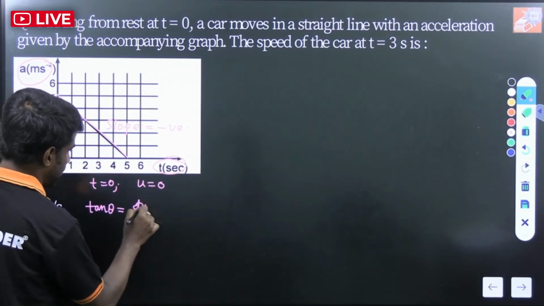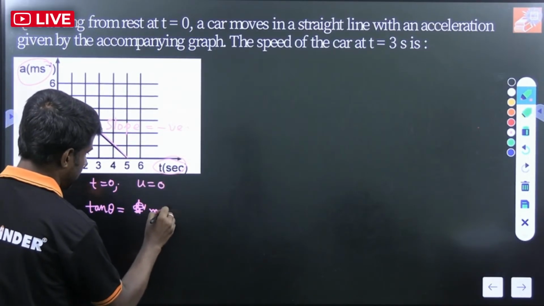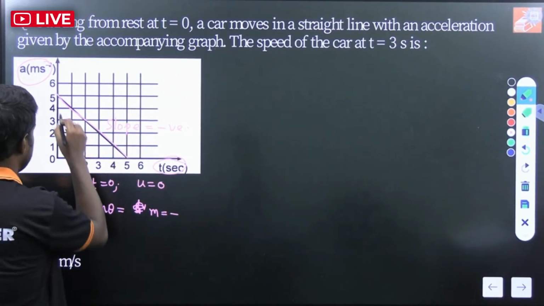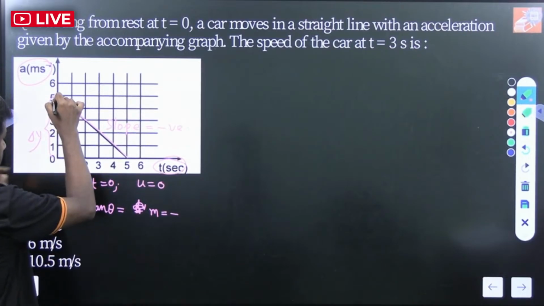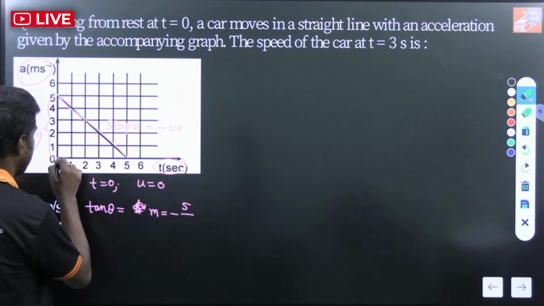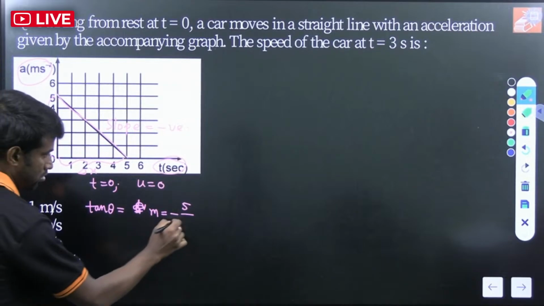So the slope here, that m we can write, should be equal to minus, since the slope is negative. So delta y is this one. Delta y is 0 to 5, which means 5, and delta x is this one, so 5.